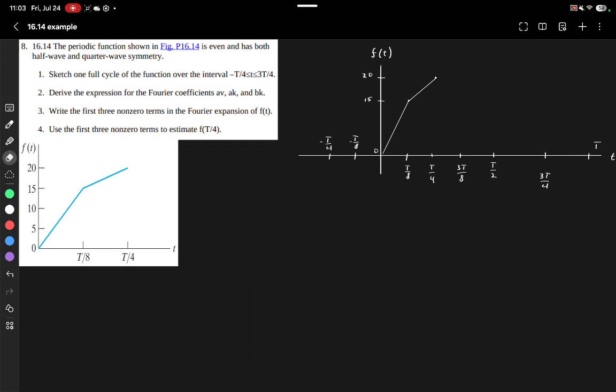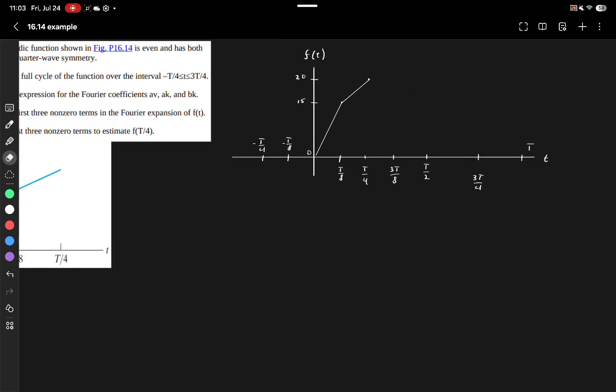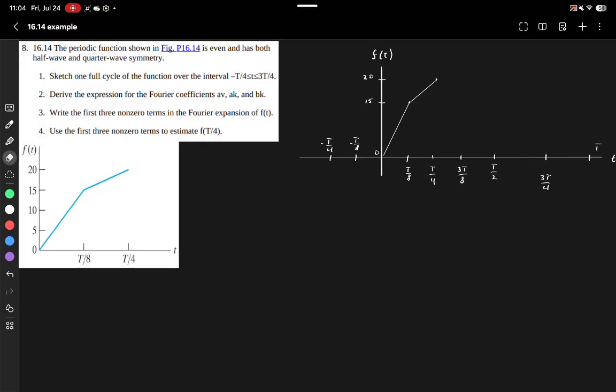Today we're going to take a look at problem 16.14. In Professor Fitz's original video, there's a little bit of confusion regarding this even portion.